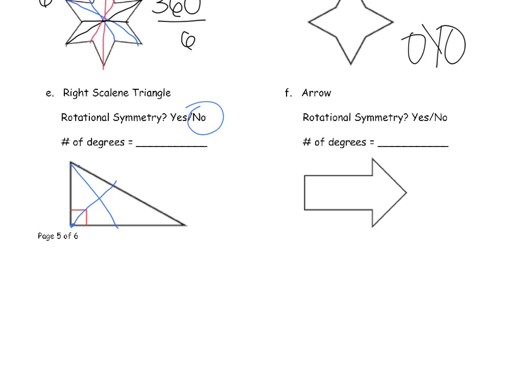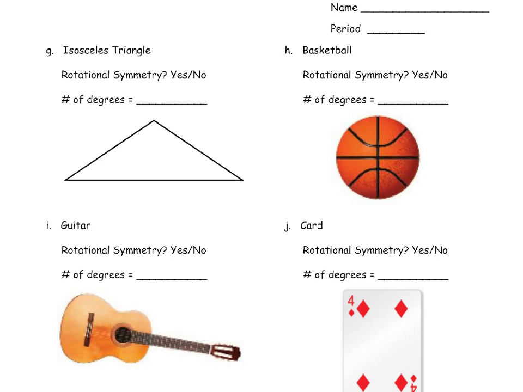And then the arrow, again, I can't really go from here to here. Those don't work. This line here is a line of symmetry, but it's not the type of line to show rotational symmetry. So I don't see anything that works. That's a no too.